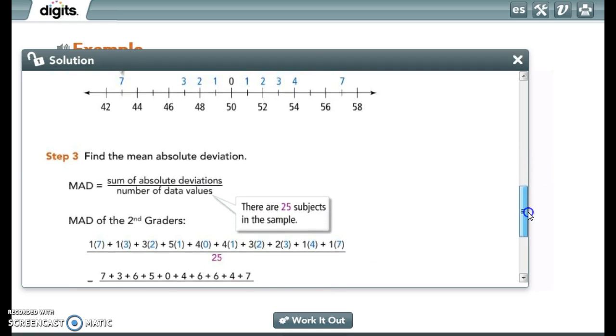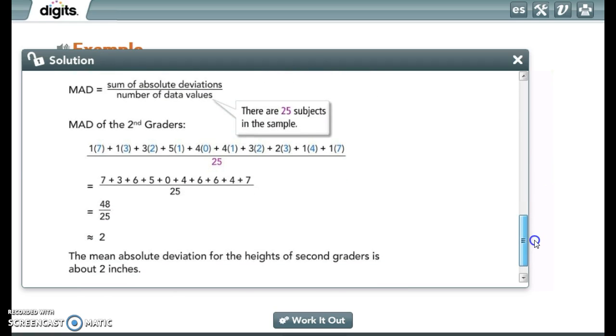Finding that will give us, like we see here, they added up all their values and they even just multiplied by each of their deviations to account for 4 that were 1 away or 4 that were 0 away. But they added up all their values just like you did and divided by 25. So they took 48 divided by 25, which gave them about 2 when it was rounded to the nearest whole number like it asked us to do in the problem.